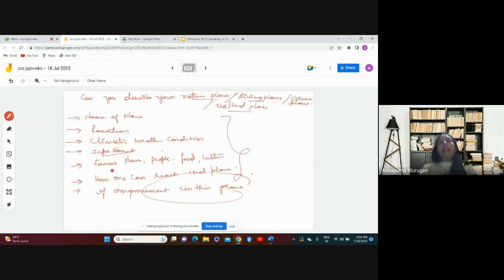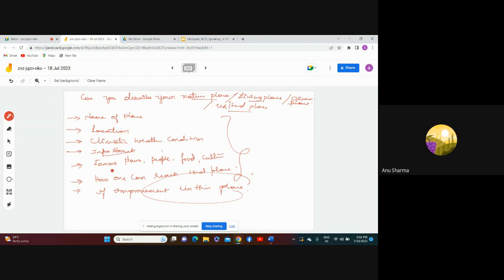It is thinly populated, not thickly populated. There are many famous places. You do research and find out 2 or 3 famous places that we have in New Zealand, and what kind of culture, food and all. You need to do a little bit of research when you're talking about that place. And then how can one reach? We have only one way to reach New Zealand, which is by flight.